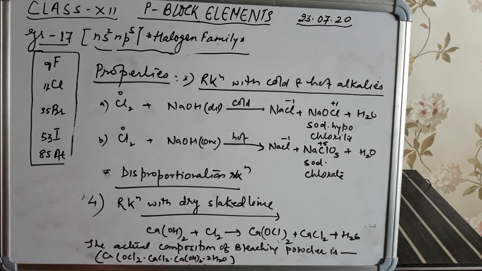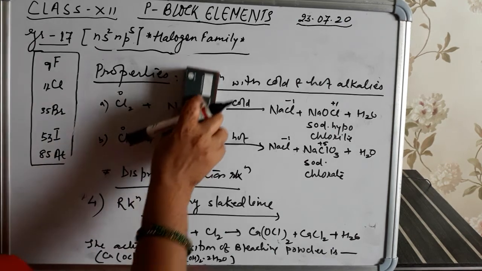So this is the actual composition of bleaching powder. Chlorine also shows substitution reactions. So write down the next property, next reaction.